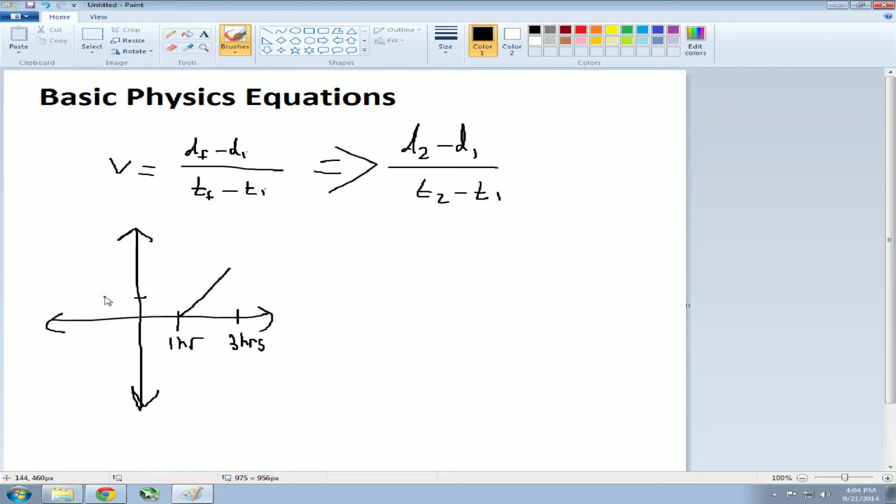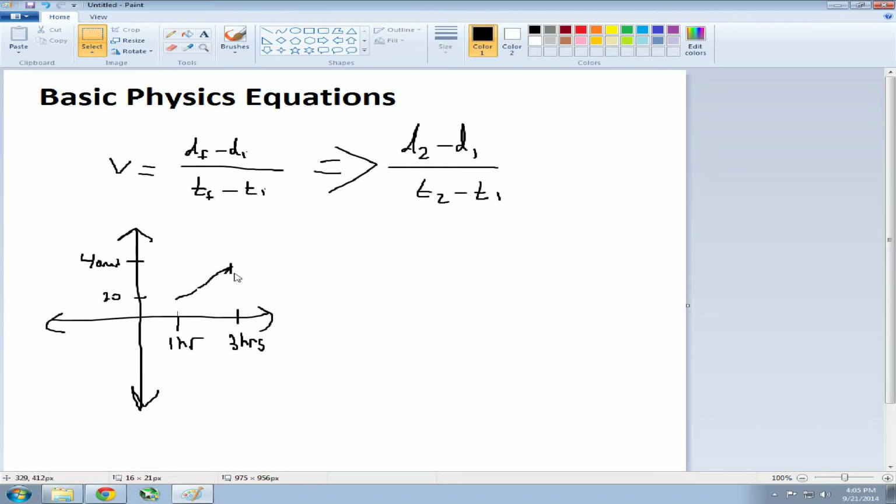At 1 hour, it went 20 miles, and at 3 hours, it got to 40 miles. What's the speed in this little area? What is the speed of it?